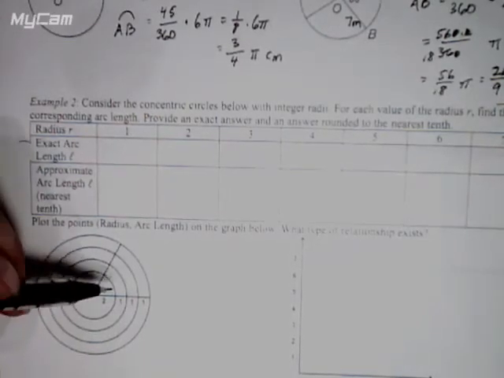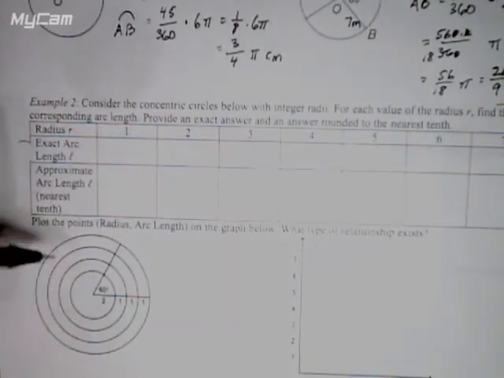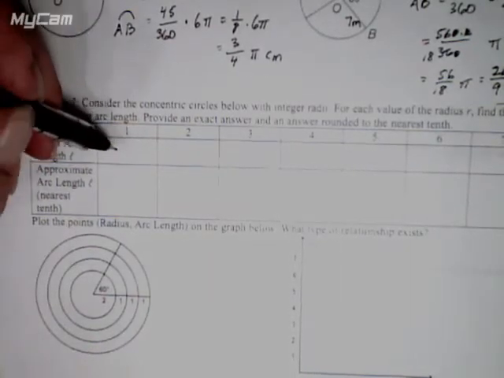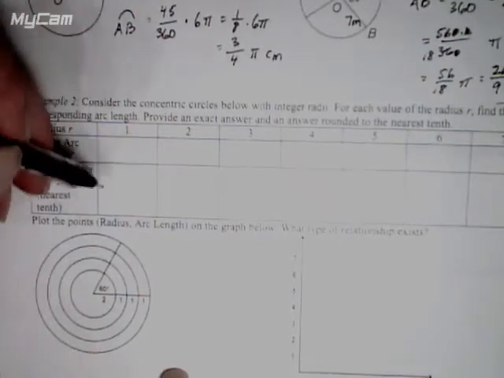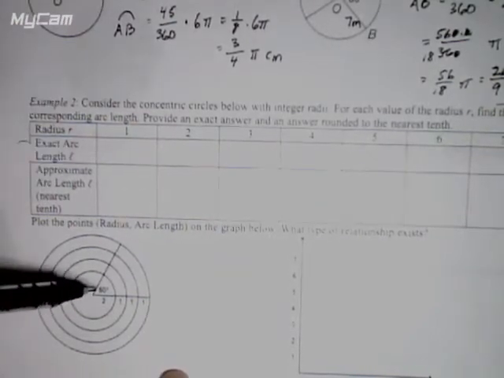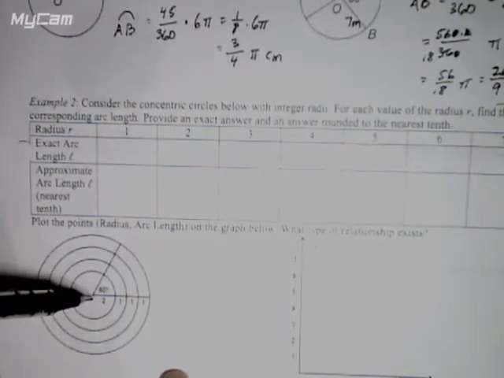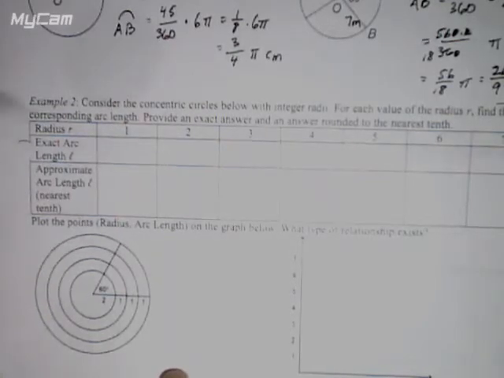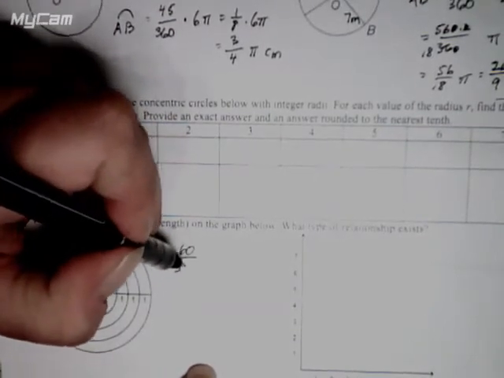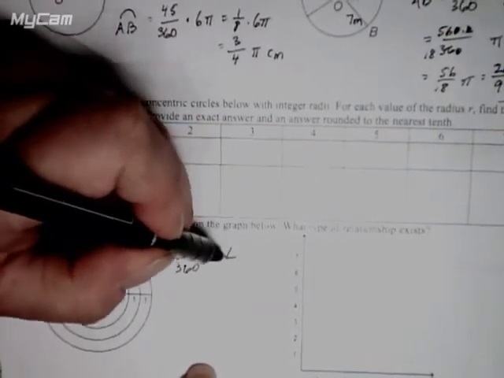Notice that one is not drawn on here because the smallest circle here has radius 2. But we're going to do this, so the exact arc length here for a 60-degree angle. 60 out of 360 is 1/6. 60 out of 360 equals 1 out of 6.